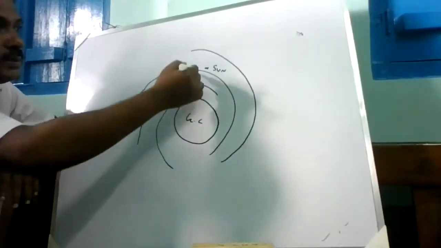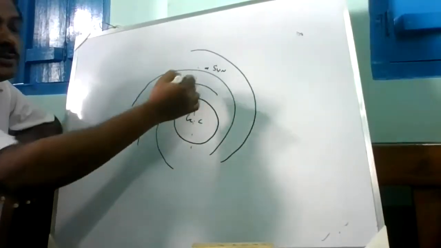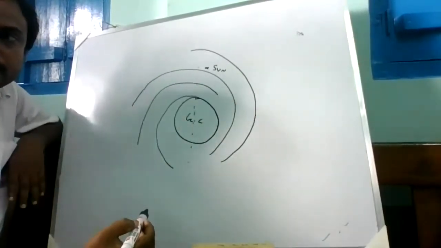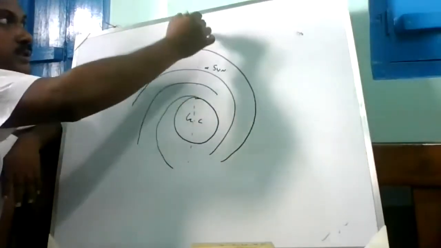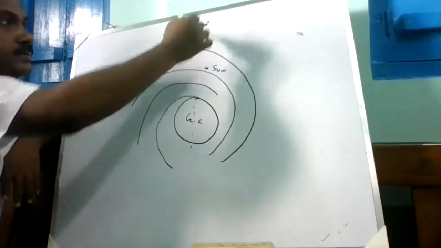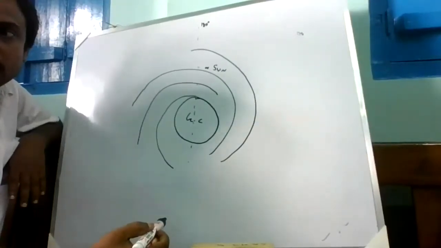So this direction, if you measure longitude, will be represented by 0, and other angles. This direction will be 180 degree. This direction will be 0. This is 90 degree.